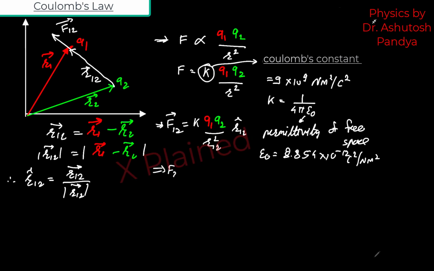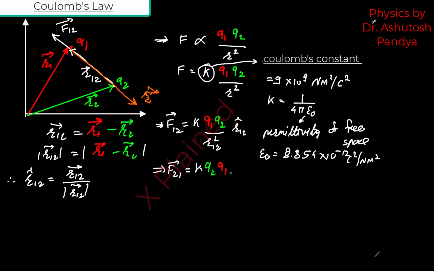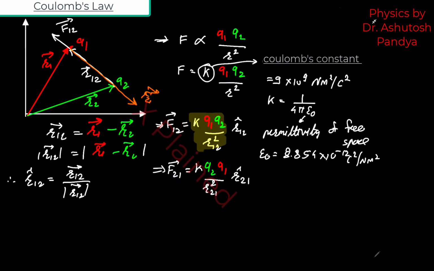Similarly, if we try to find the force on 2 by 1, it is obvious that its direction will be from Q1 to Q2 and it will be K Q2 into Q1 upon R21 square into R21 cap. Now it is obvious that the magnitude of both forces is equal.